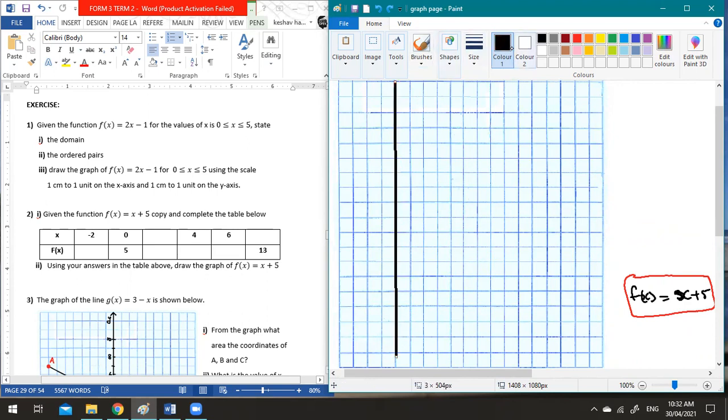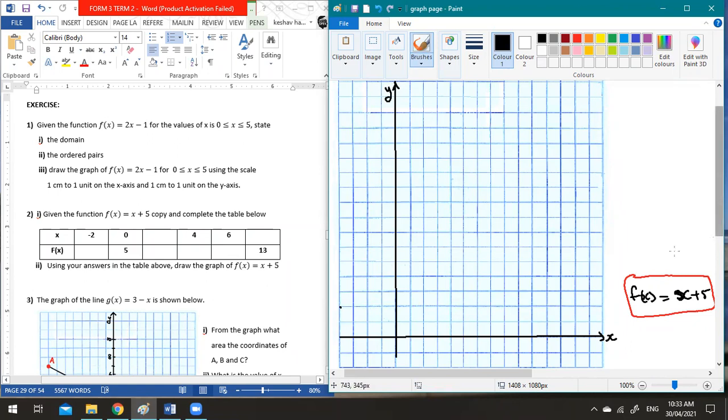I want this in black and I don't want it so thick. And I have no negative y value, so I can just do this like that, right? So here's your x and here's your y.